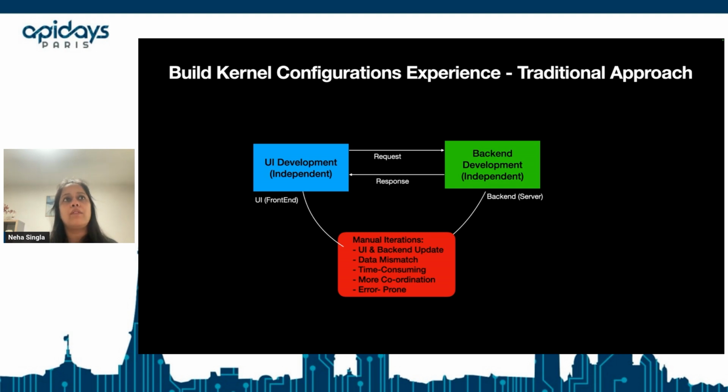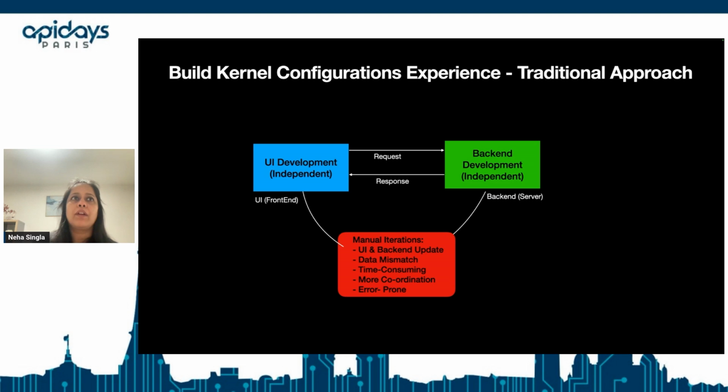Every time a new change is done on the back end, it needs coordination on the UI side, or vice versa. Then there has to be some validation, and if there is some error, then the UI engineer has to talk to the backend engineer around the contract and the validation errors and whatnot. So it's a time consuming process where it needs more coordination between the UI engineer and backend engineer, and it makes the overall development very slow. And it's error prone as well.